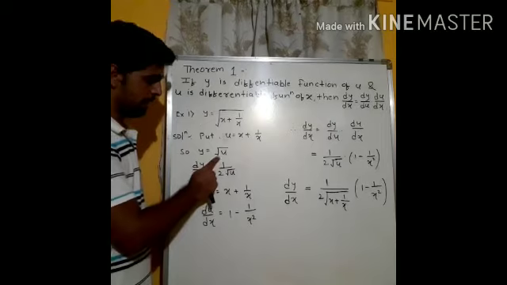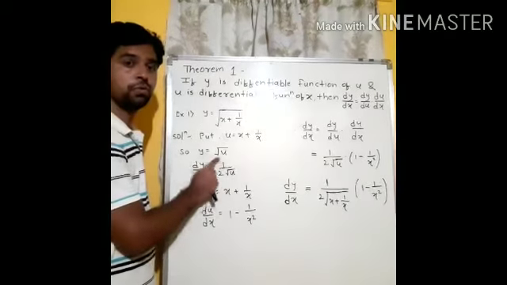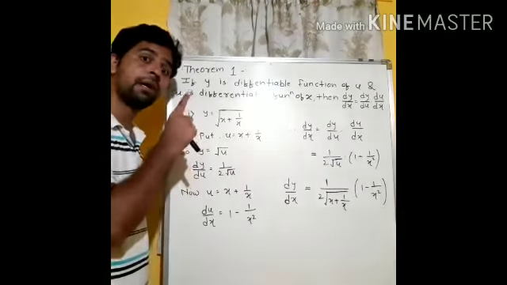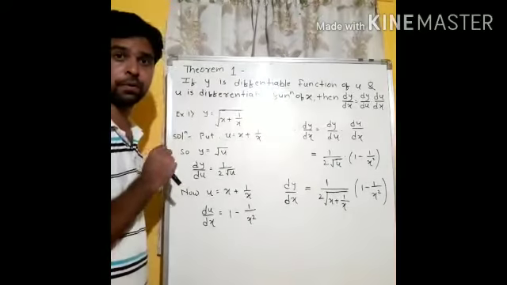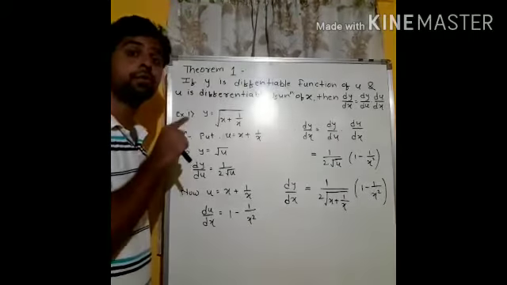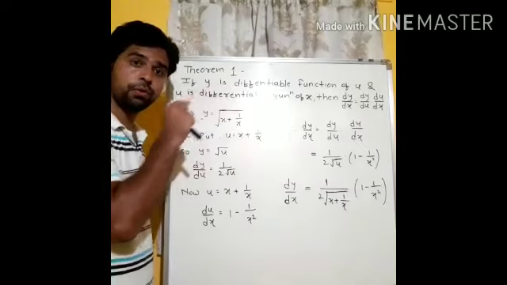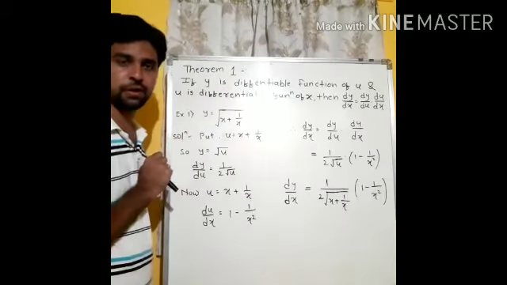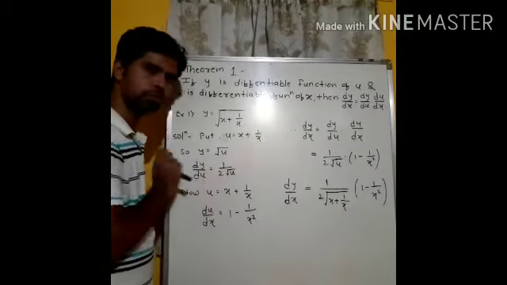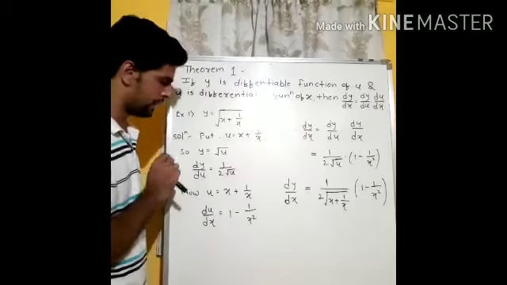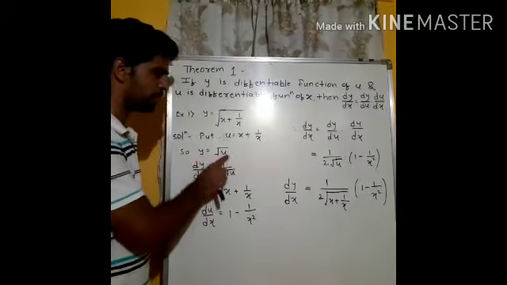Now we have to find out derivative of this root u function. If you remember our formula, the standard form of the derivative of root x was 1 upon 2 times root x. So derivative of root u becomes 1 upon 2 times root u. Correct? Now we have done with this function y equal to root u.